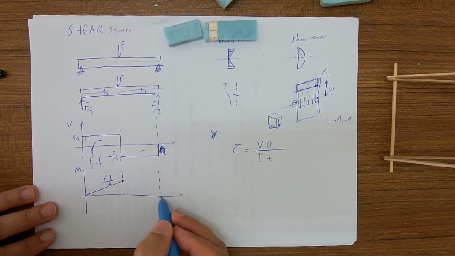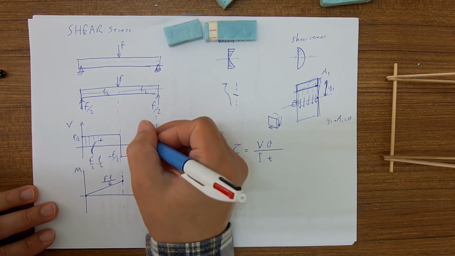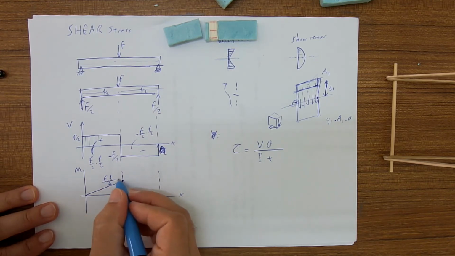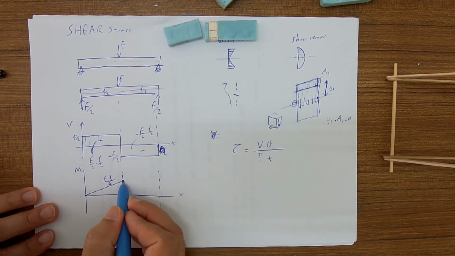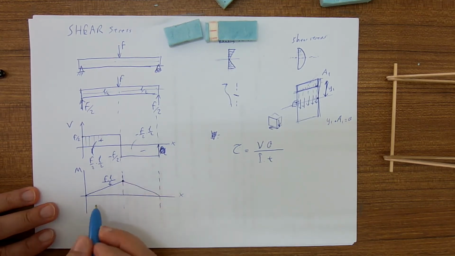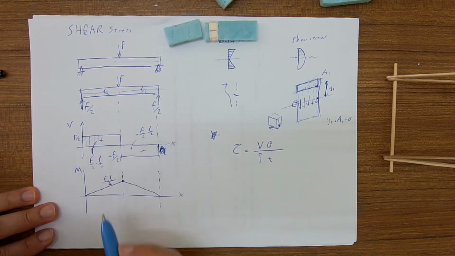So from here to here, again the area here is minus F over 2 times L over 2. Therefore we will go down by the same amount, and the moment will be 0. So here you see that the maximum moment occurred at the mid of the beam.